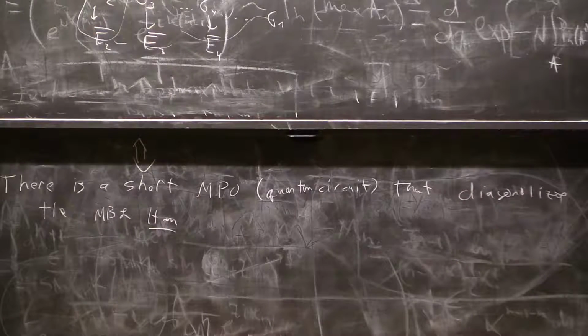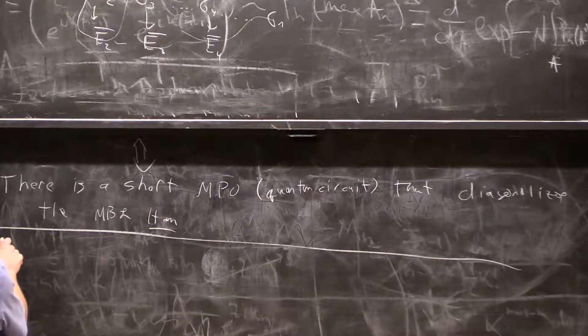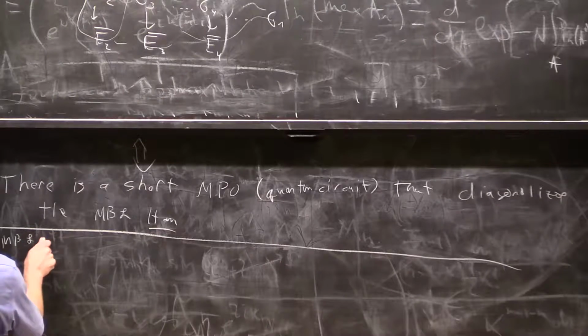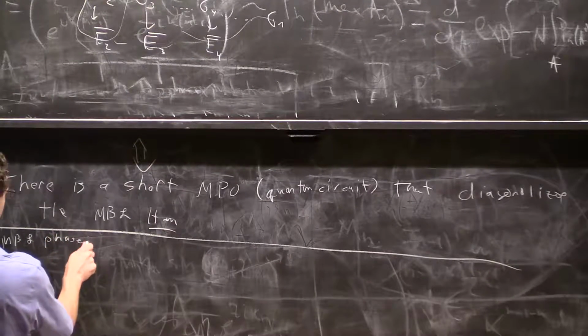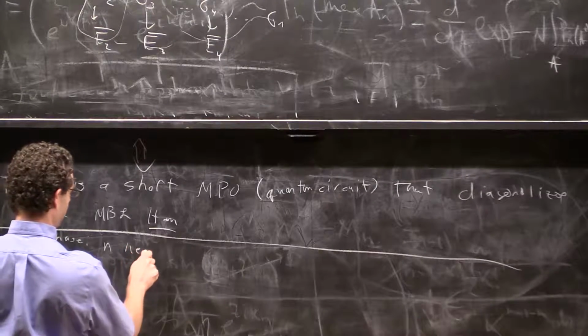Okay, good. And then I will make a third claim. The third claim is that in the MBL phase, there are n Hermitian operators.